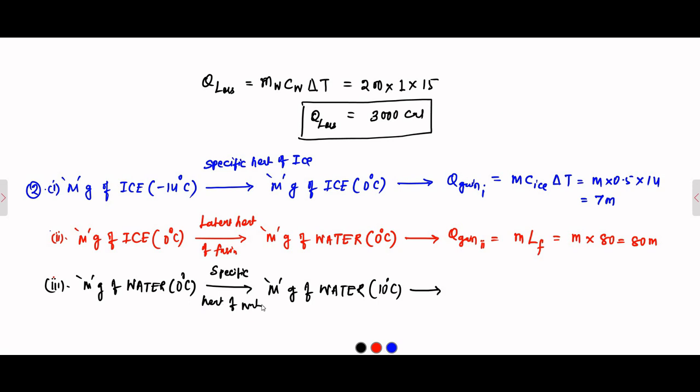And then we have specific heat of water that will be involved to increase the temperature of m gram of water at 0 degrees Celsius to m gram of water at 10 degrees Celsius.